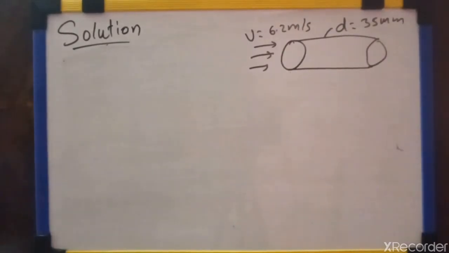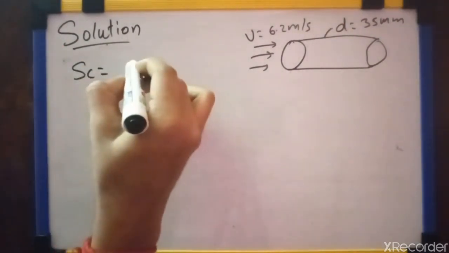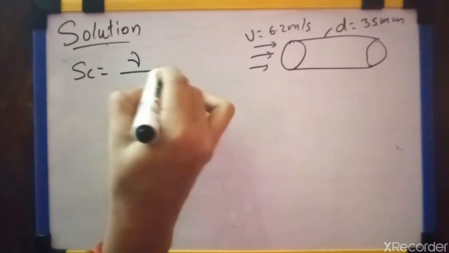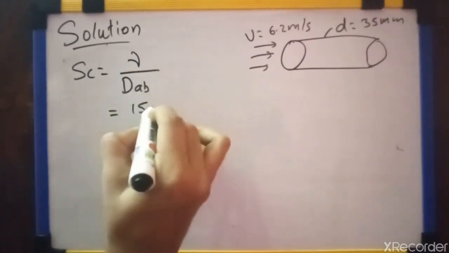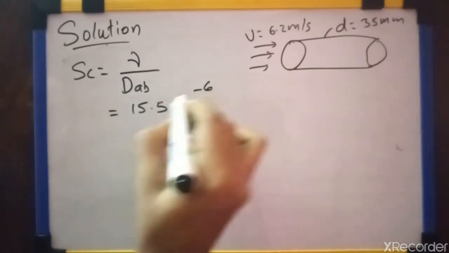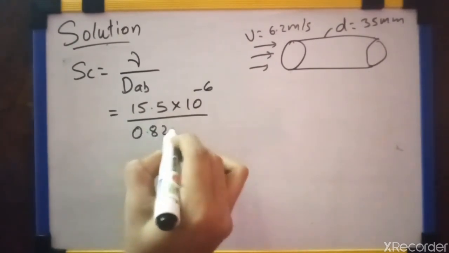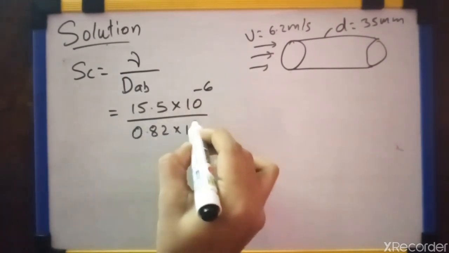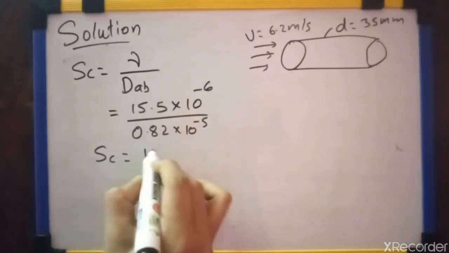We know that Schmidt number Sc is equal to nu divided by DAB. That is 15.5 into 10 raised to minus 6 divided by 0.82 into 10 raised to minus 5. We get Sc is equal to 1.89.